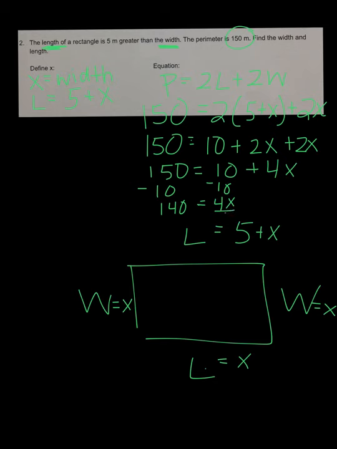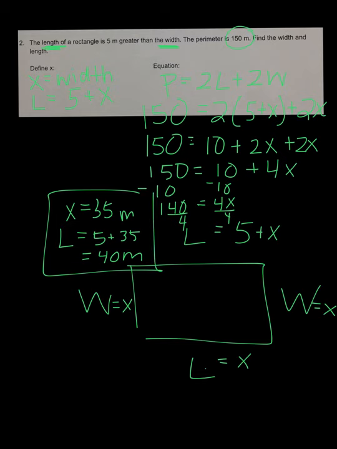And so I get, by solving, that x has to be 35 meters. So the width of this rectangle is 35 meters, which means that the length of the rectangle is 5 more than the width. So the length of this rectangle is 40 meters. So those are the length and the width of my rectangle.